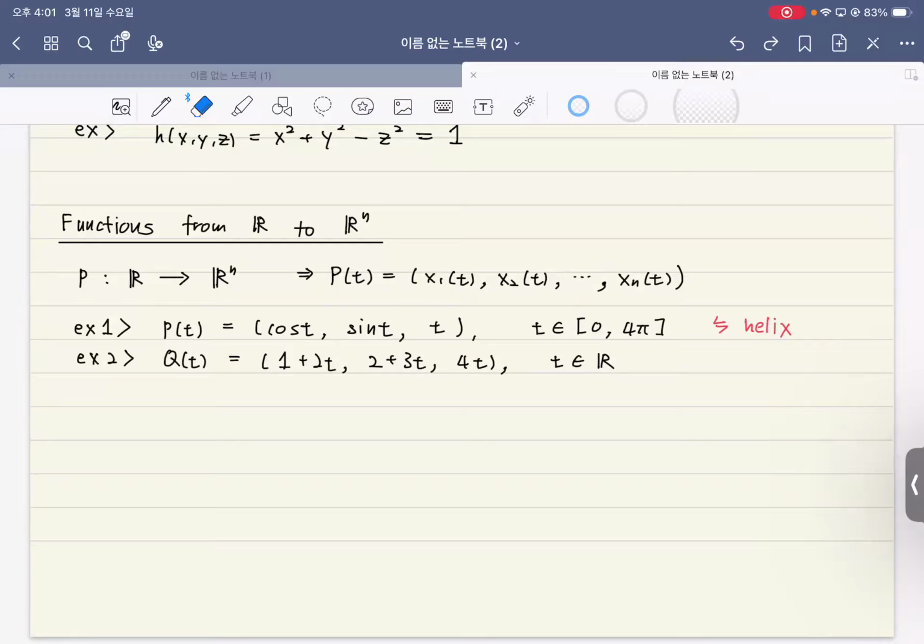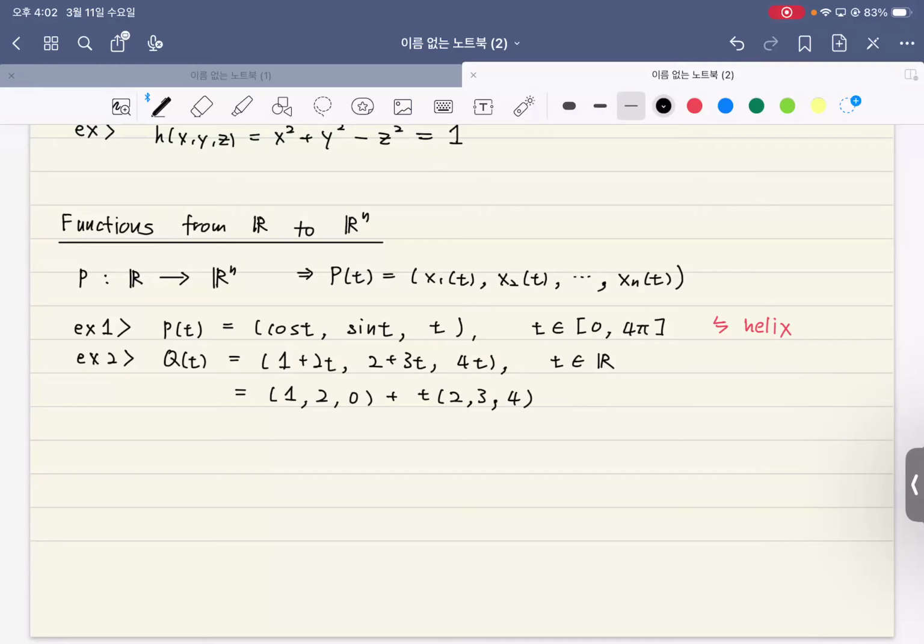All right. Well, not that obvious, but maybe I can rephrase it like this: 1, 2, and 0 plus t times 2, 3, and 4. Aha. Now I have an idea.